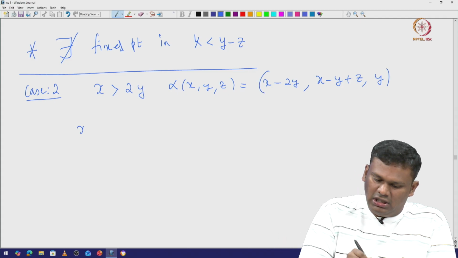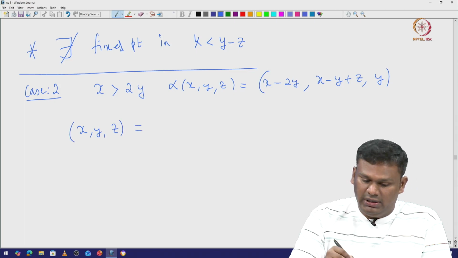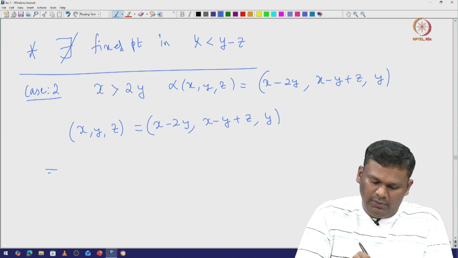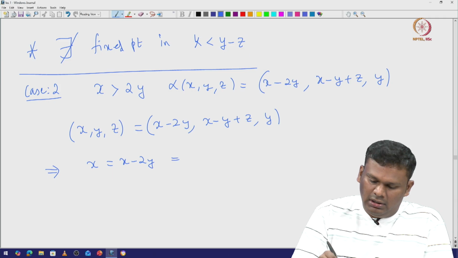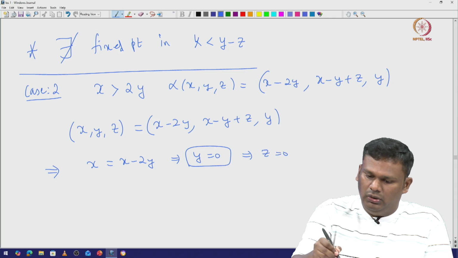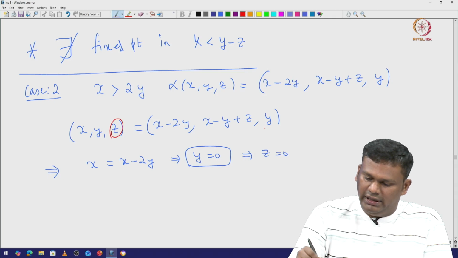Now if it is equal to x y z, then this would imply immediately that x equals x minus 2y, then that would imply y is 0 and y equal to 0 will imply z is 0 by looking at these two coordinates.